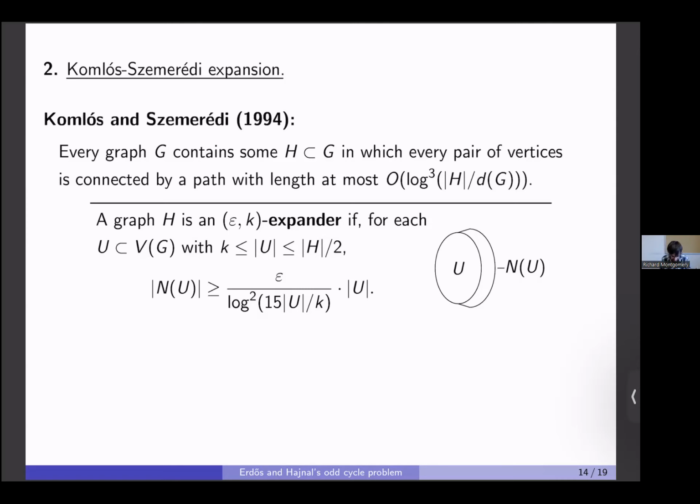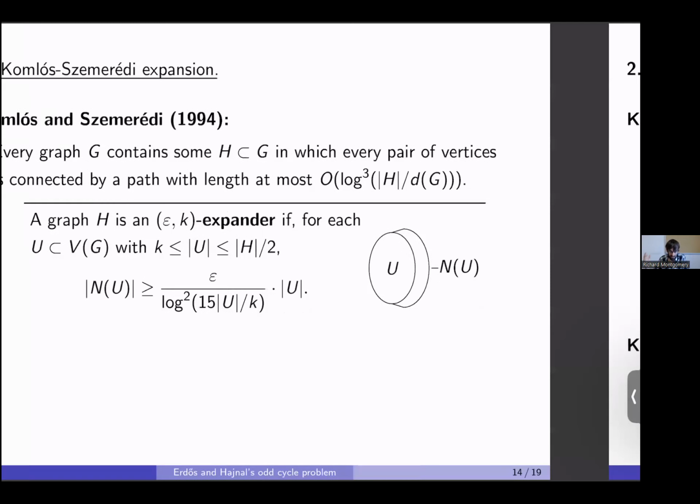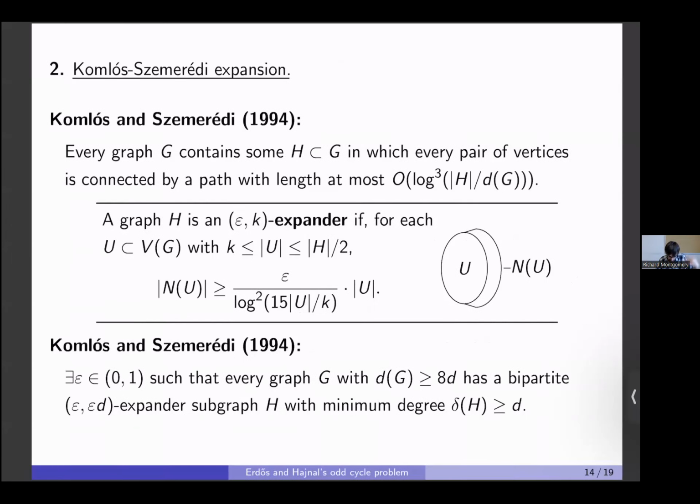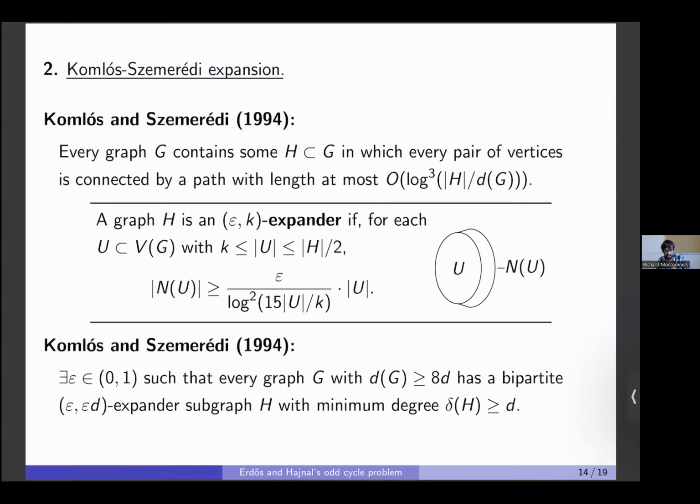So the bad point is that it's a really weak property to work with, which makes it a real pain. The good side is that, as Komlós and Szemerédi proved, as long as we impose a sufficiently high average degree condition, then we expect to find within any graph G a bipartite graph which expands in this very weak sense.